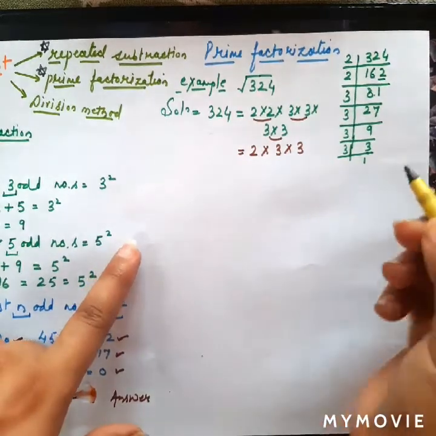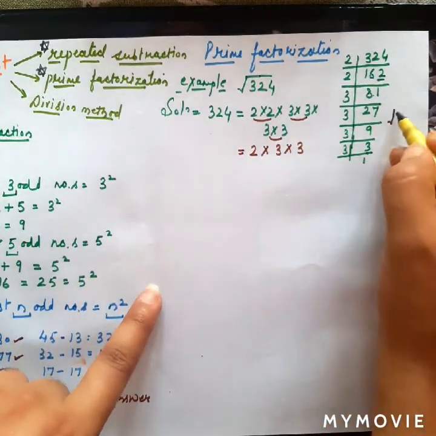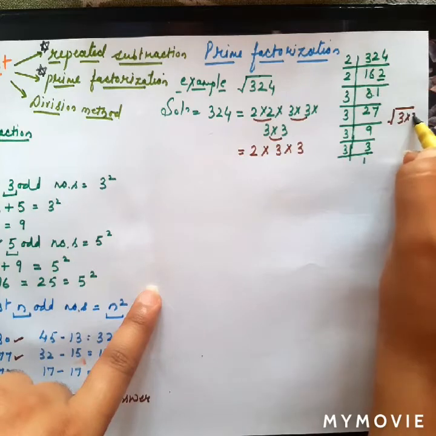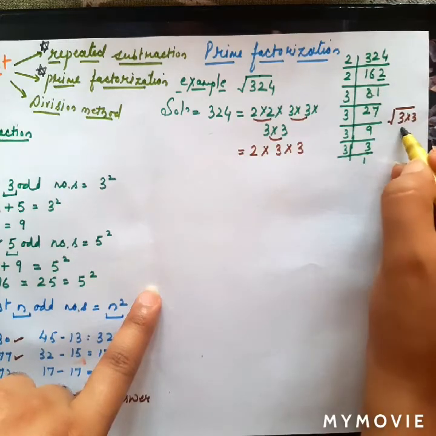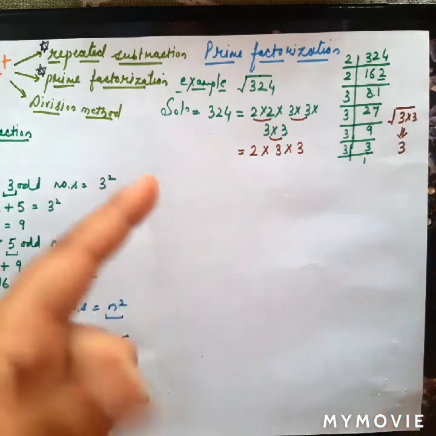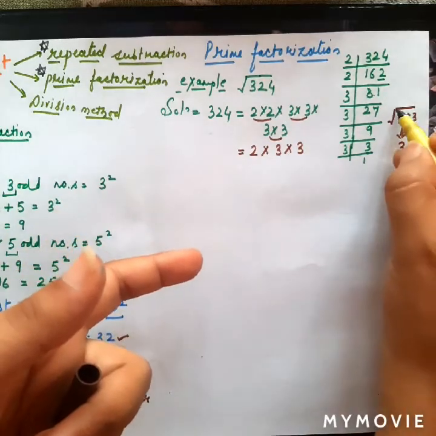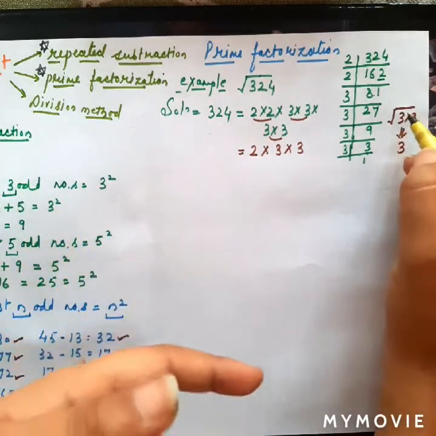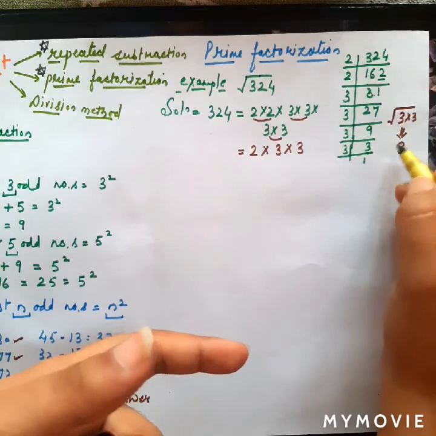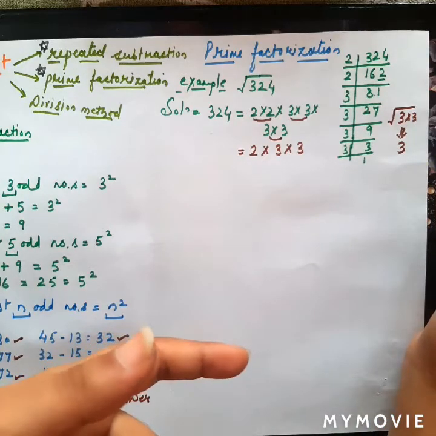Actually, what is the meaning of square root? Suppose we have 3 cross 3, so in square root we write a single term for that. Square root means we have two numbers and we are taking the root of that number and writing a single number for that.